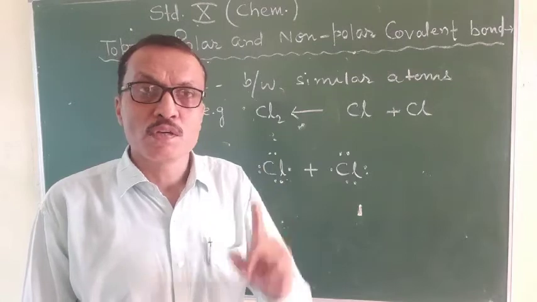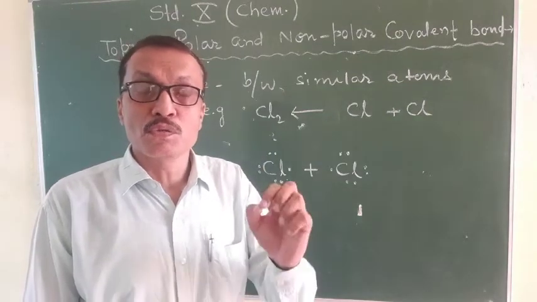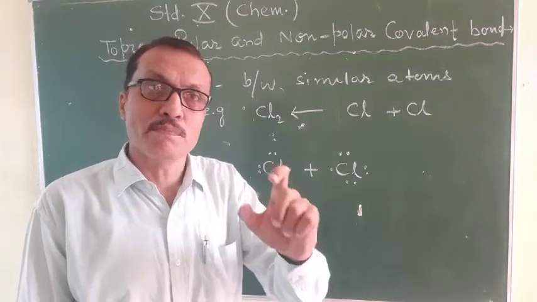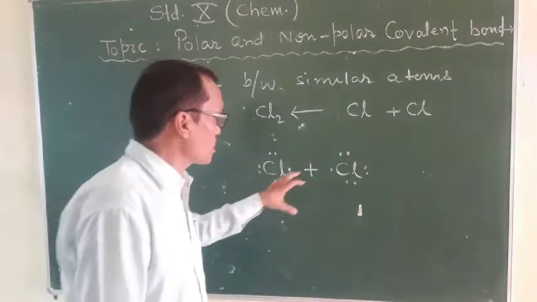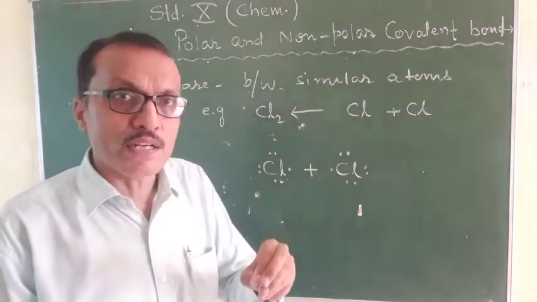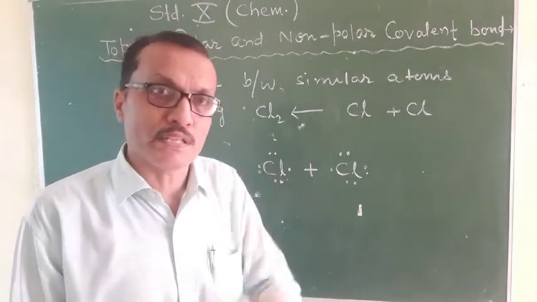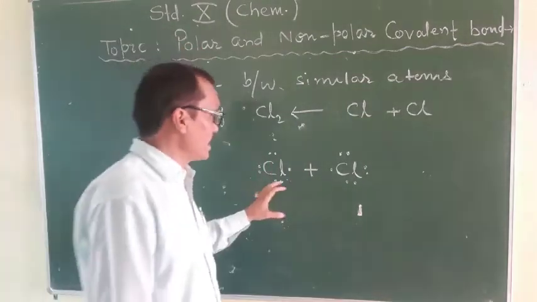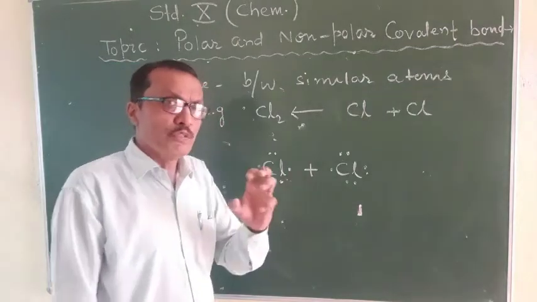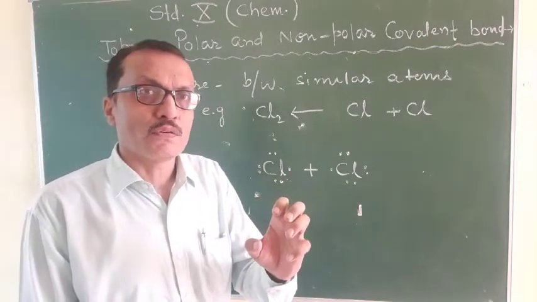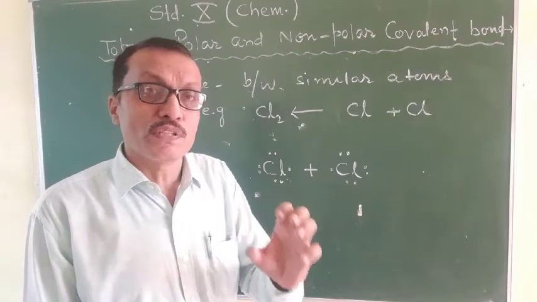It requires one more electron to get an octet and become stable. So both chlorines require one electron each to become stable. So they mutually share one electron with each other.